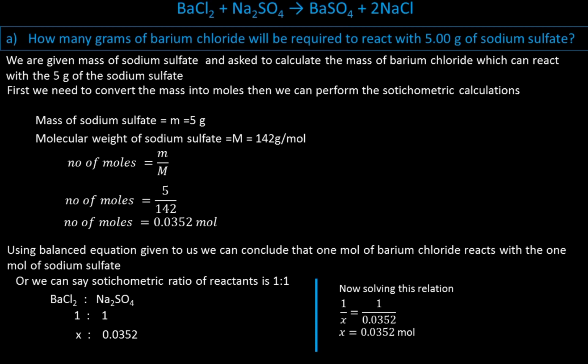So this was just a theoretical procedure. So the X value comes out to be 0.0352 moles. This is the quantity in moles that is required for barium chloride. So now we have the moles and we are asked to calculate the mass.